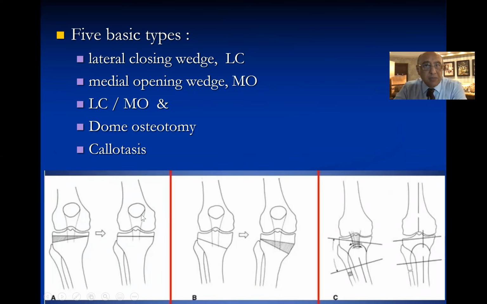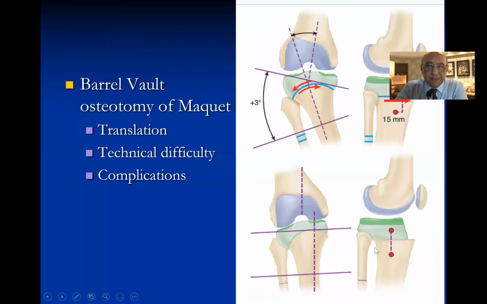There are 5 basic types of upper tibial osteotomy. That's the lateral closing wedge, that we take a wedge out and then close the gap, or medial opening wedge, that we make a cut and then open the gap, or lateral closing medial opening combined, or the dome osteotomy, and lastly, the distraction callotasis by external fixators.